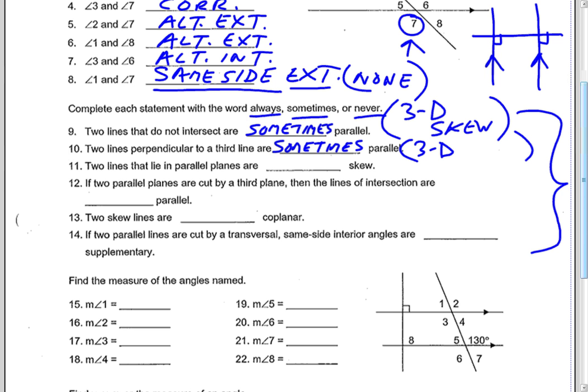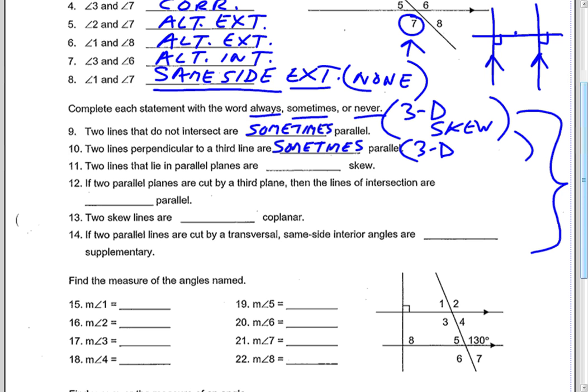That's 2-dimensional. But imagine that I bring in something from 3-dimensional space coming in straight into the board. Is this line that's represented by my pencil perpendicular to the line? Yes. Depends on how you define perpendicular. If you define perpendicular as only occurring in a 2-dimensional space, then your answer to number 10 would be always.